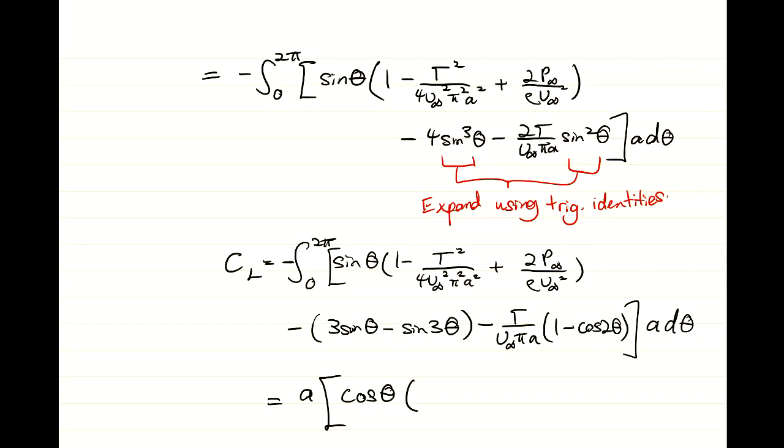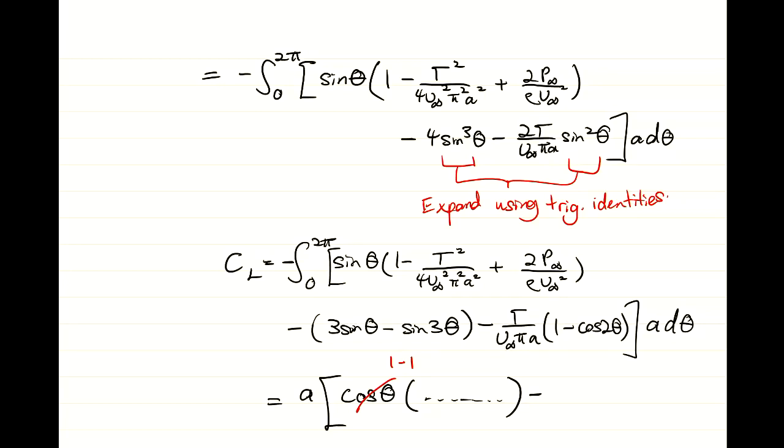And if I integrate cosine theta from 0 to 2 pi, that's just going to be from 1 to 1, so it's 1 minus 1, which is 0. All the terms go to 0 for cosine theta.